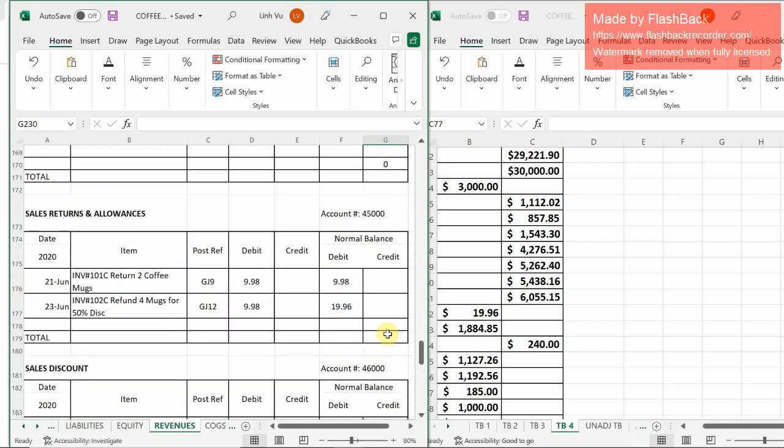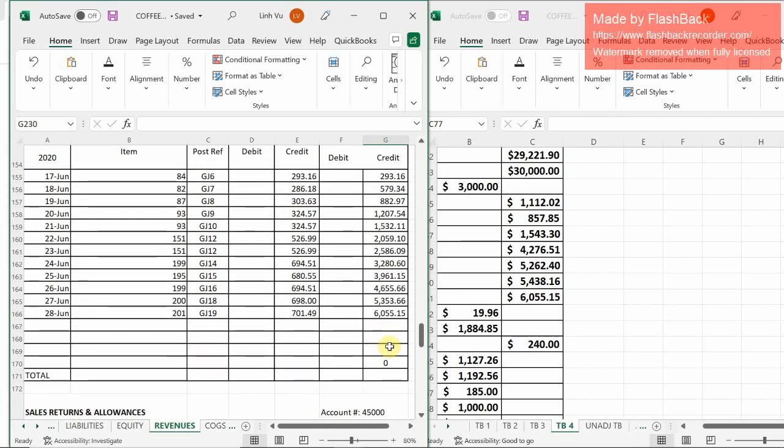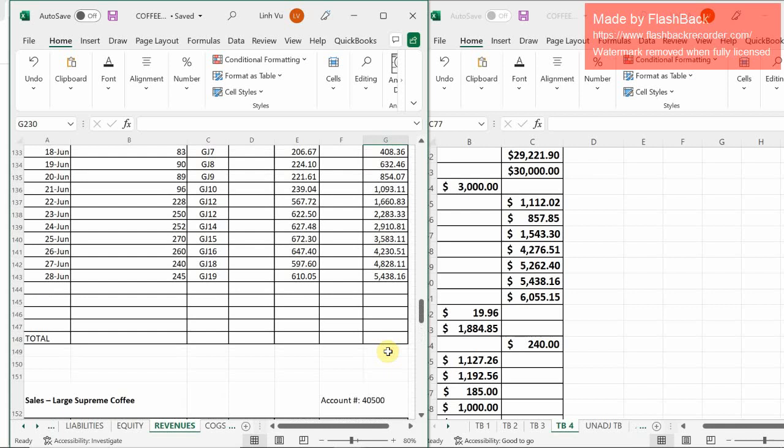My sales returns allowance was $19.96. My sales for the large Supreme Coffee is $60.55.15. My medium is $54.38.16.